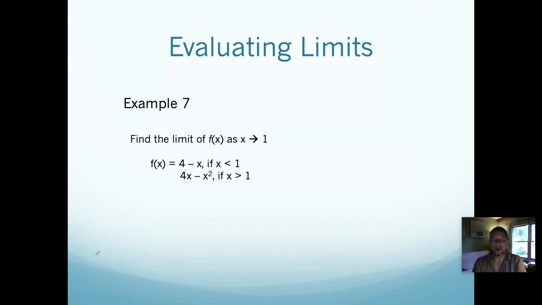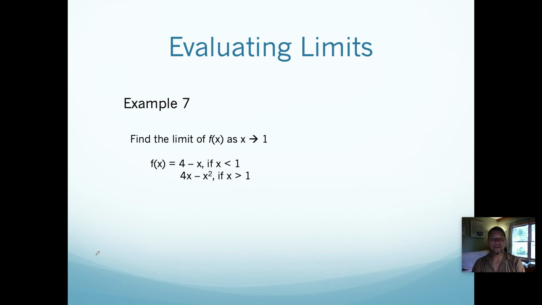Now, if you remember anything about your graphing, you'll know that these two functions, f of x equals 4 minus x and f of x equals 4x minus x squared, have very different shapes. The first one, the top one, is a line with a slope of -1 and a y-intercept of 4. The bottom one is an inverted parabola, an upside-down U shape.